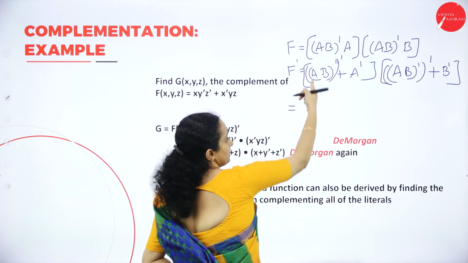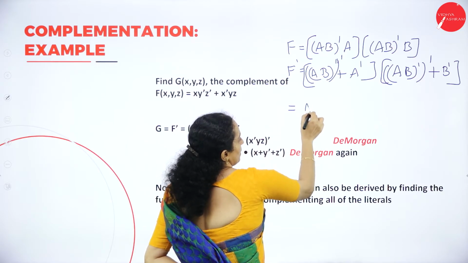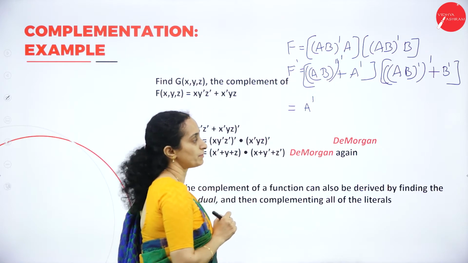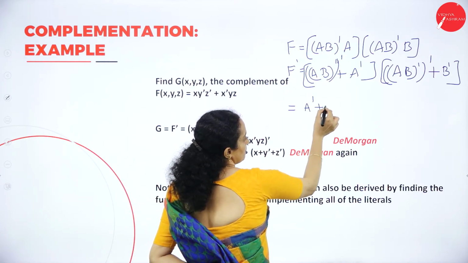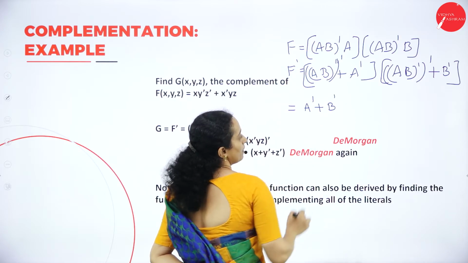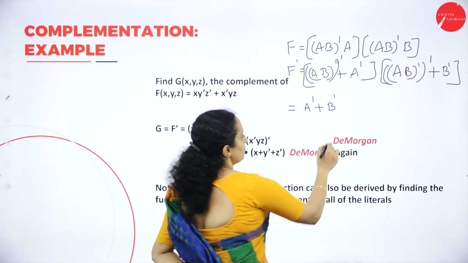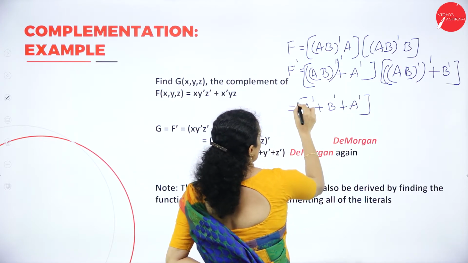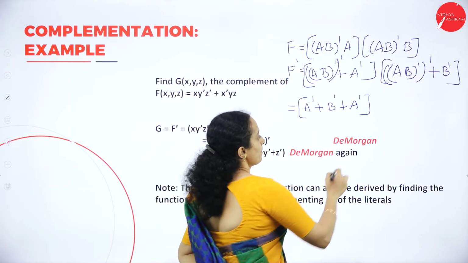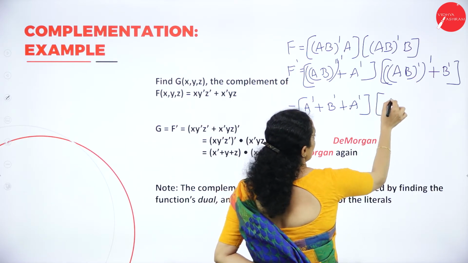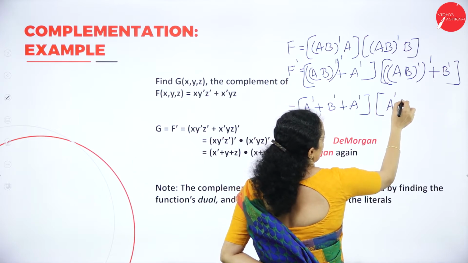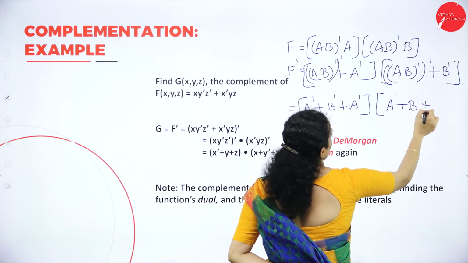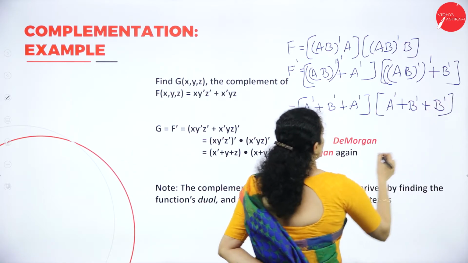Next, again we have to simplify this one. This will become a dash. So both the complements will be nullified. Change the multiplication to plus and this will become a dash plus b dash plus a dash. Okay. Here it will be a dash plus b dash plus b dash.